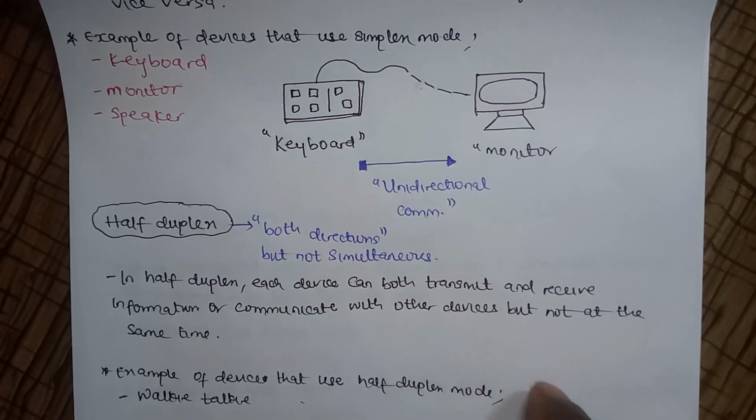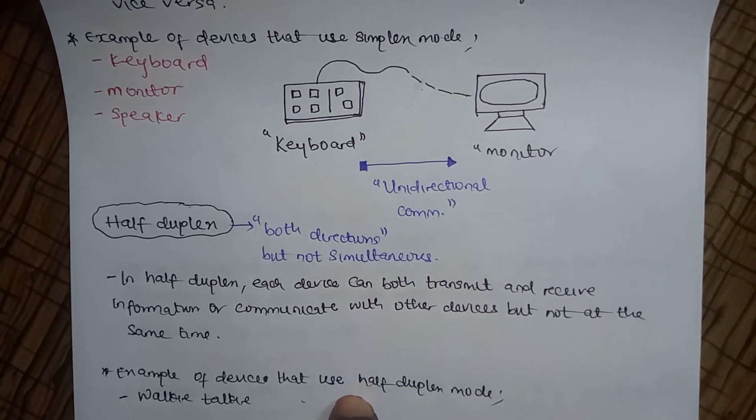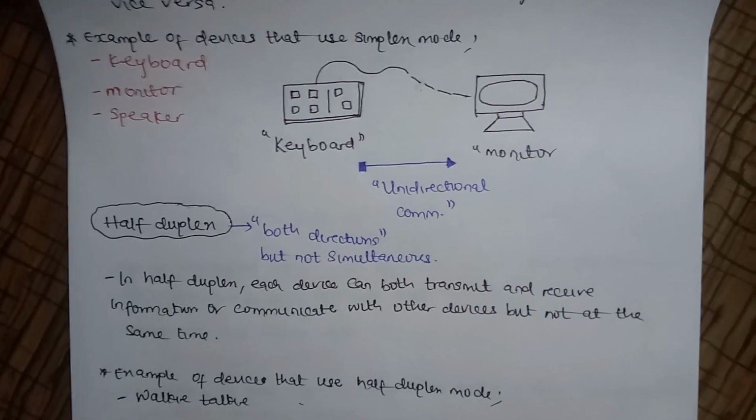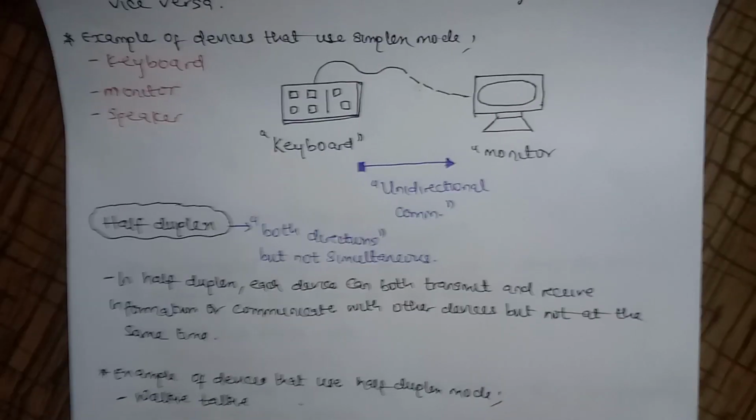Computer A can send to computer B, but B has to wait until computer A is done sending before it can send its own information. That's the way it works. Likewise, computer A has to wait for computer B before it sends its own information.